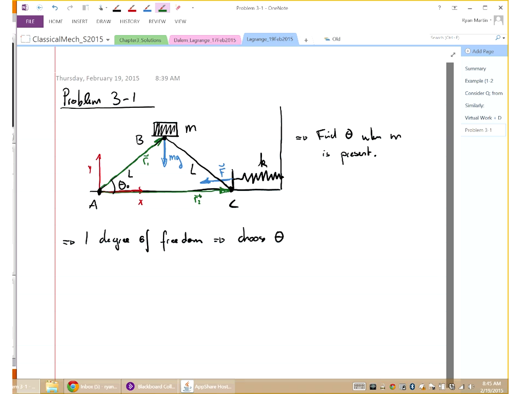The slightly annoying thing here is that we need to know the magnitude of the force F2, because the magnitude of the spring force depends on the position of the system. And that's why you'll find Newton's second law very tricky. So we know that when theta equals theta naught, then that force is 0. That's when m is away, and the spring is at rest. And the spring is necessarily at rest because the rods are massless.